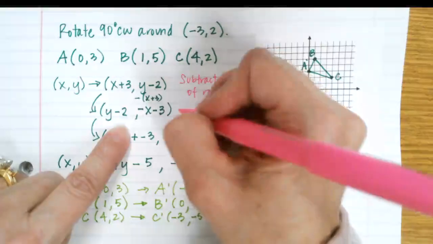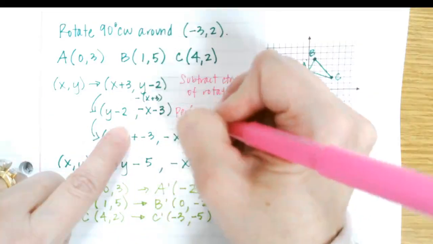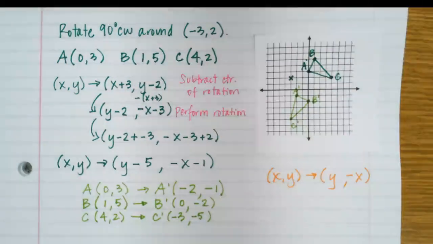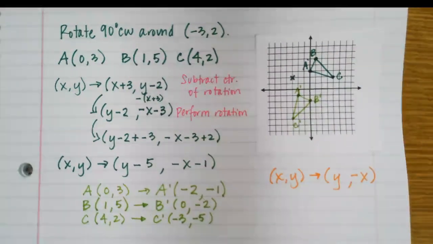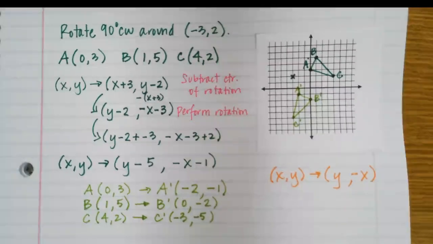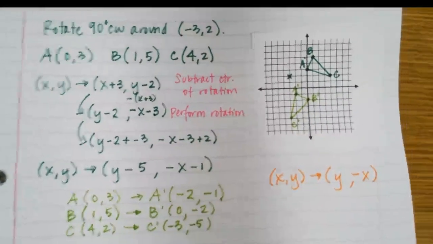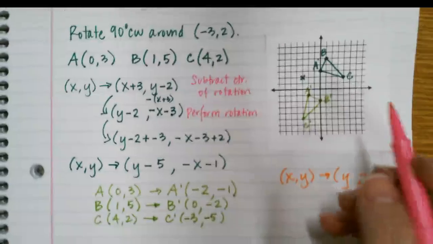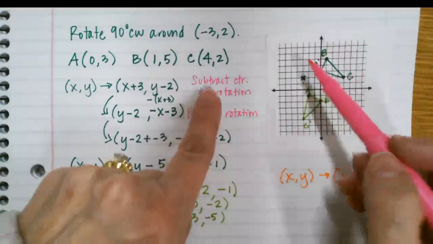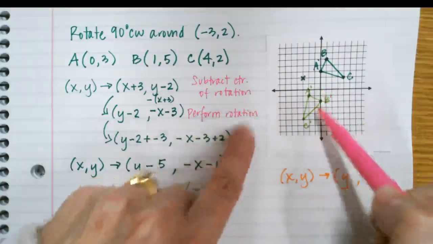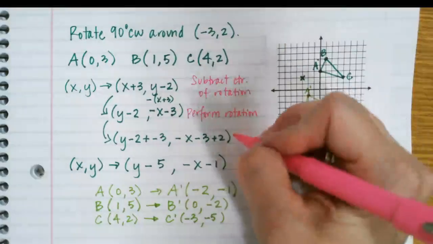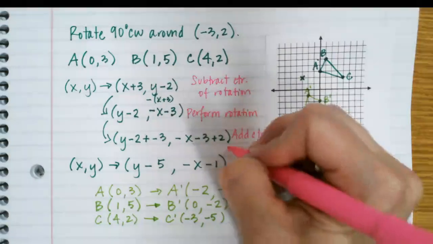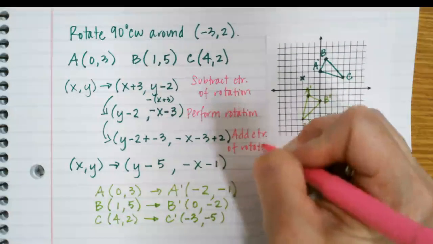Then here we're going to perform the rotation. And then the last step that happens right down there is that we need to add our center back on. So we move the center over, we perform the rotation, and now we have to move it back. So then we need to add the center of rotation.